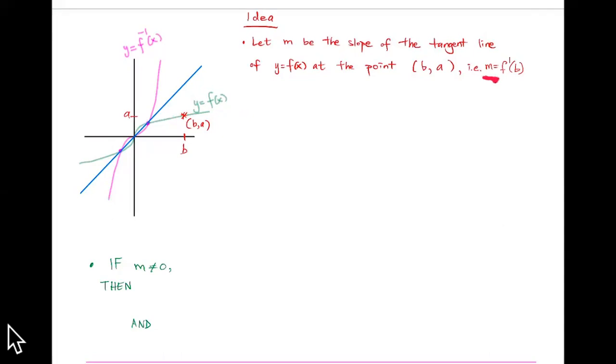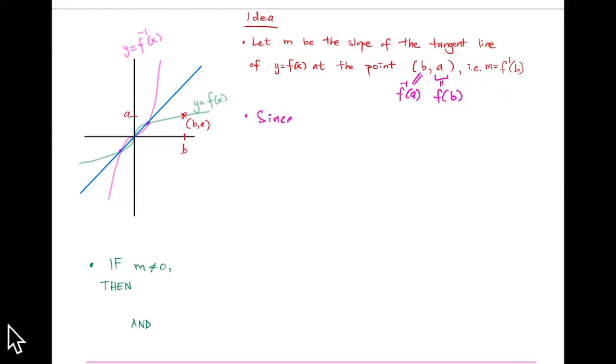So m is the derivative of the original function at b, that is, m is f prime of b. Just to help us know what's going on. So a is f of b. And by definition of inverse function, b is f inverse of a.